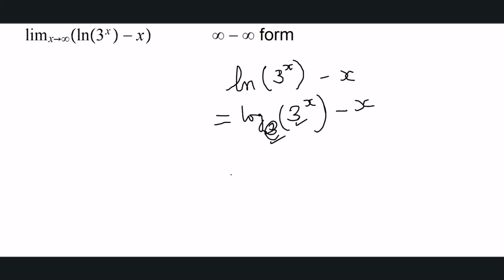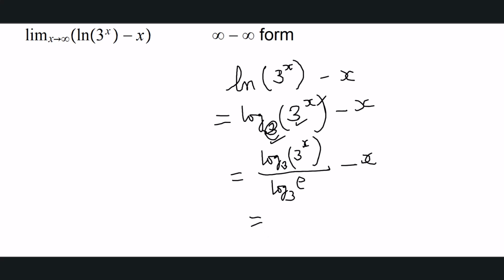What you may do is this: remember the change of base formula, we can change it with respect to base 3. We do that because it brings this x in the exponent under our control, and this will be log of e with base 3 minus x.